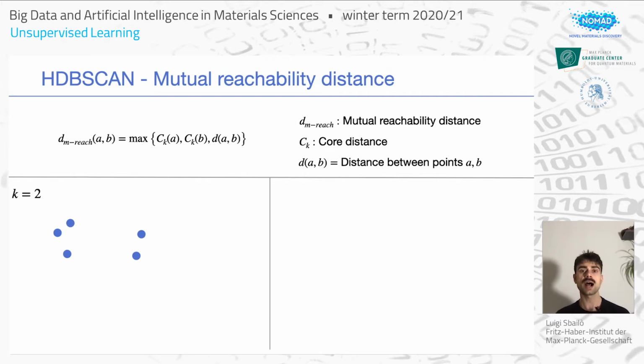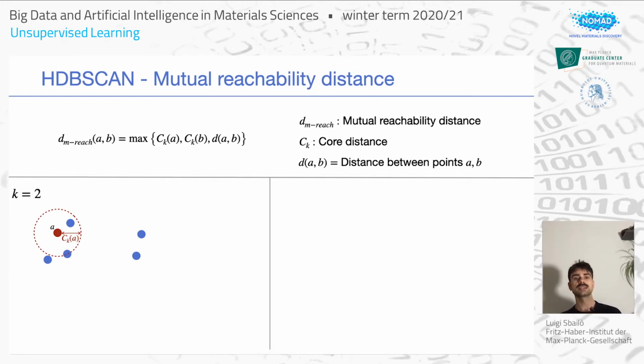You can see a parameter now that is k. This k has some value. Now, for understanding, we set just k equals 2, as it is here. And now we would like to see what the core distance of a point A is.